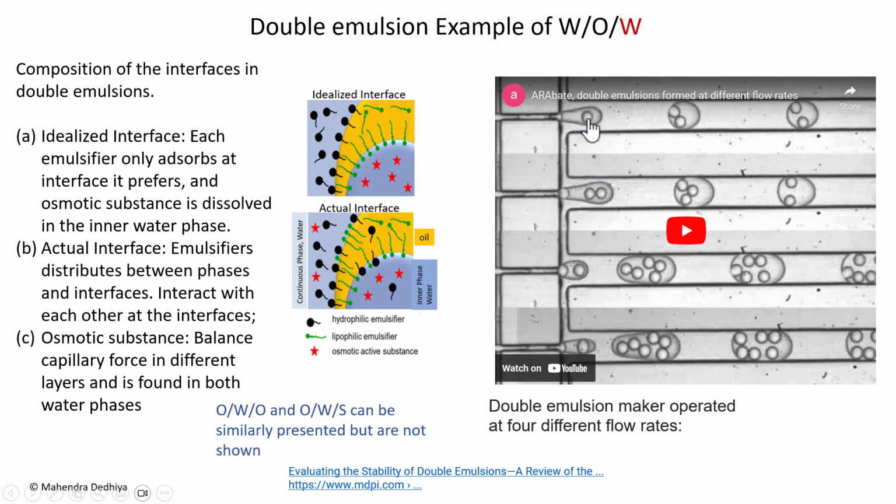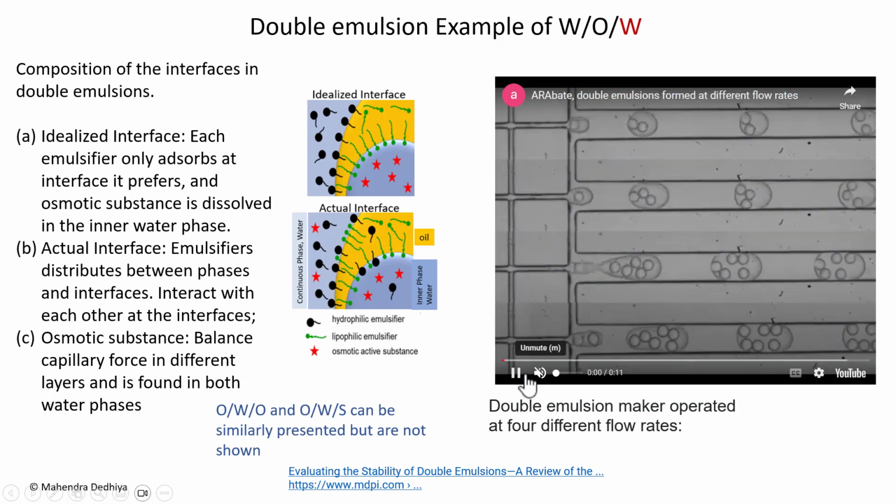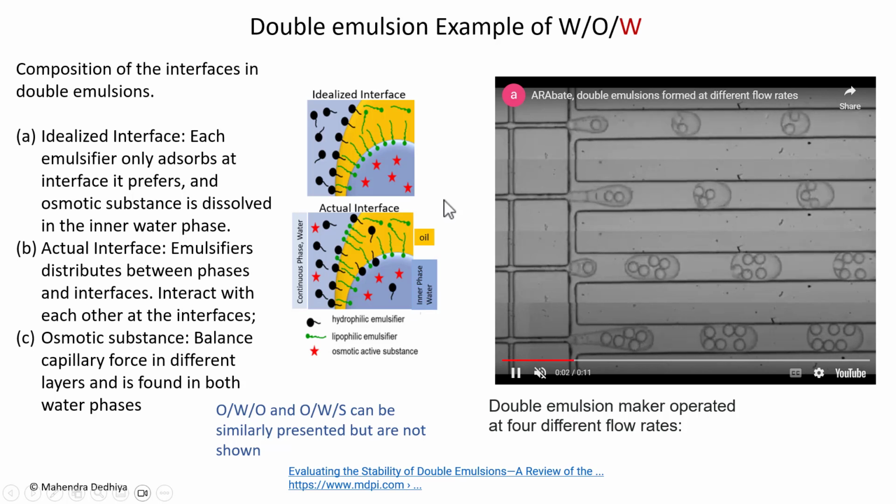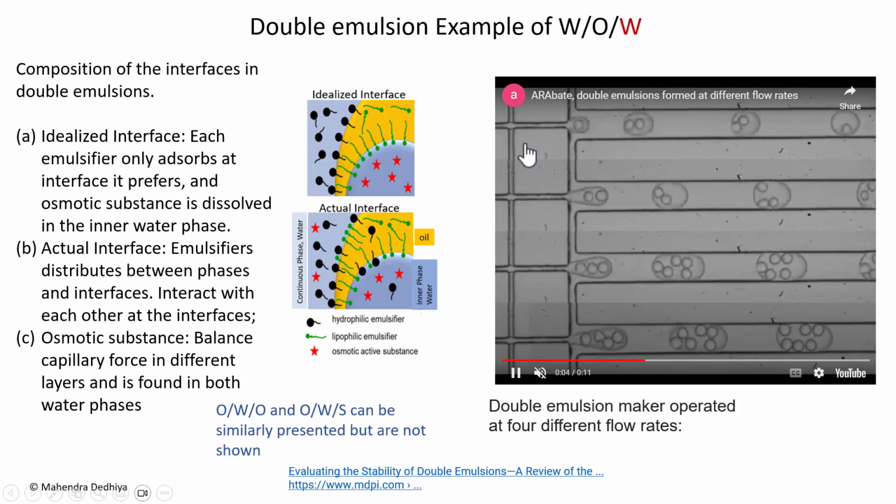And emulsion is incorporated in here. And you'll notice that it can have multiple core phases. In this case, you will see it's the rate of flow. So you see that rate.